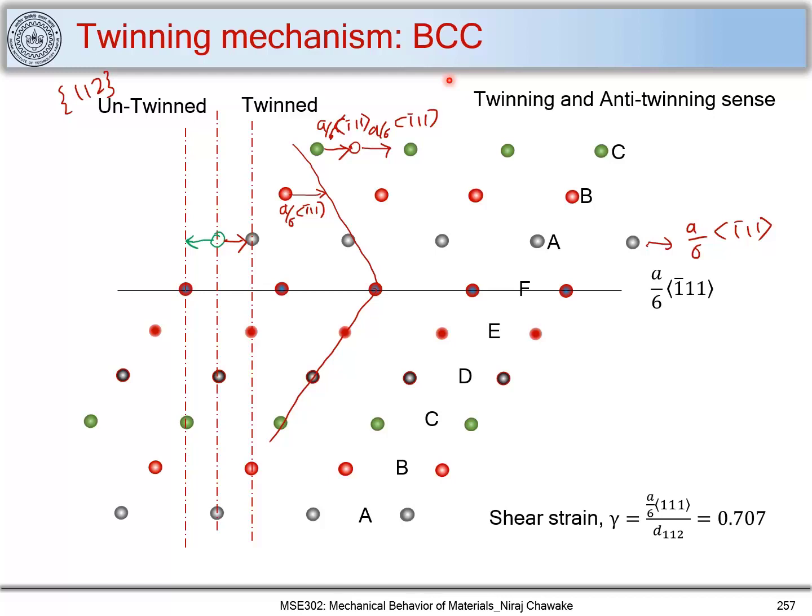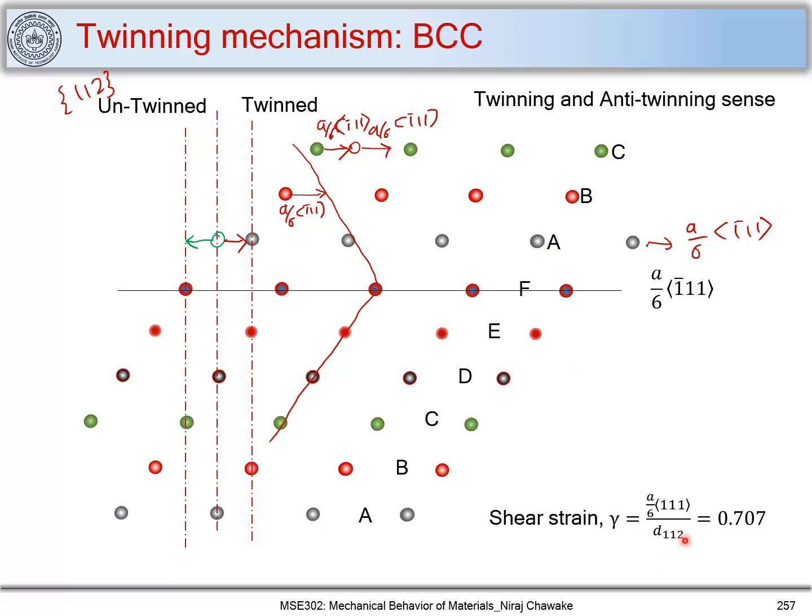Now let's move further and see what the shear strain is. We have calculated the shear strain developed in case of FCC material. Here we try to find out the shear strain developed in case of BCC. So how do you find out that shear strain? You consider the glide magnitude, which is a/6 of 111 type, and you consider the distance between these two planes. These are 112 type of planes.